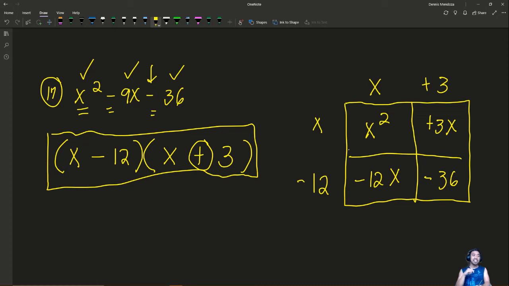So remember, if it is negative, they are enemies. If they are enemies, it's either positive minus or minus positive. If they are friends, it can either be positive, positive, or negative, negative.